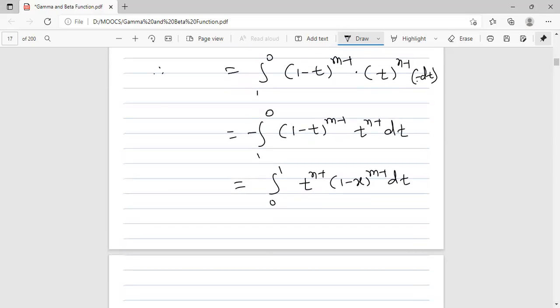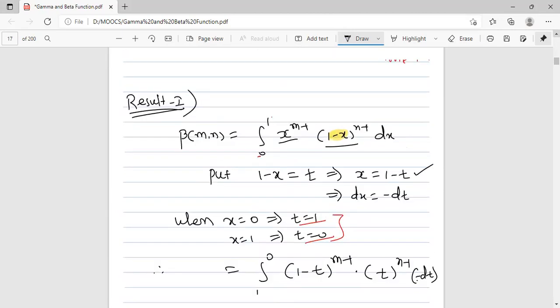Write this equation in terms of t or in terms of x, it doesn't matter: x raised to power n minus 1 into 1 minus x raised to power m minus 1 into dx. This is as per the definition of beta function. We know that this is the beta of n, m. Here m is taken with 1 minus x, and n minus 1 is the power of x.